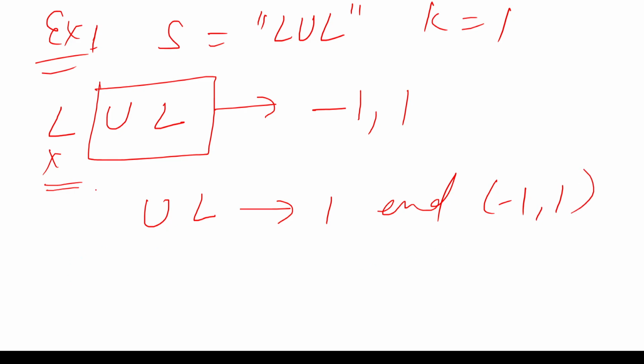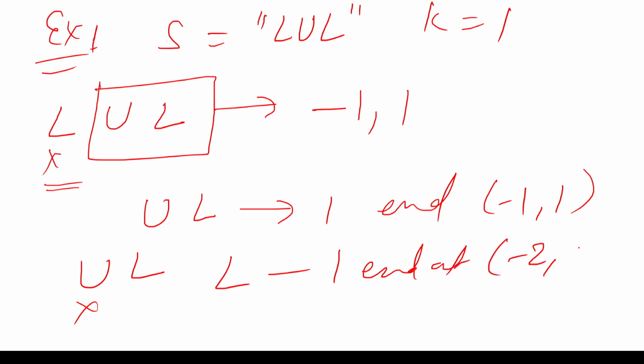Then we'll say, now remove the other L, so the path becomes U to L, and it ends at -2 and 0, correct?